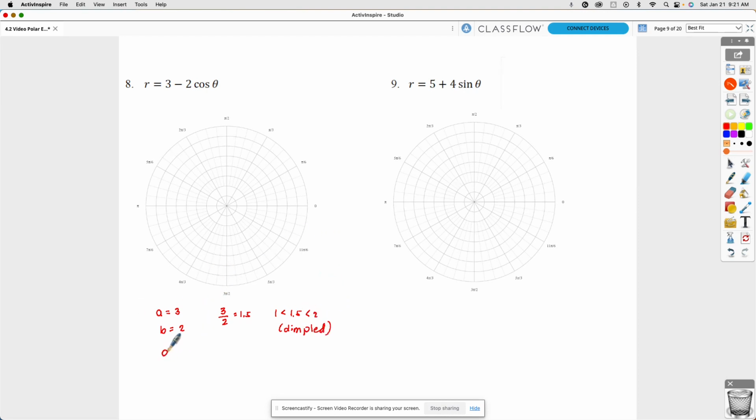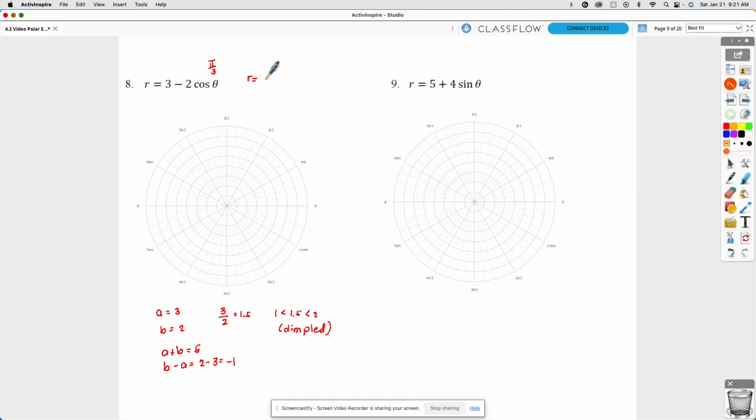So again, we need our A plus B, just like we were doing. It's equal to 5. B minus A, that's equal to 2 minus 3. And that would be equal to negative 1. Okay? That's why we don't have an inner loop, because this is negative. What else do we need? Okay, so since this is cosine, we will use pi over 3.